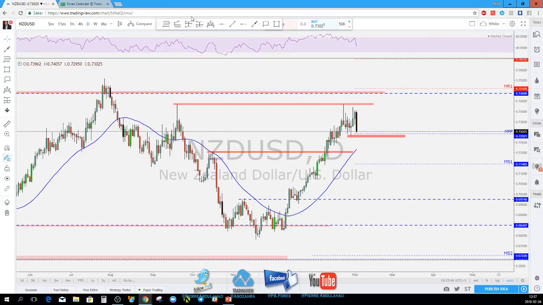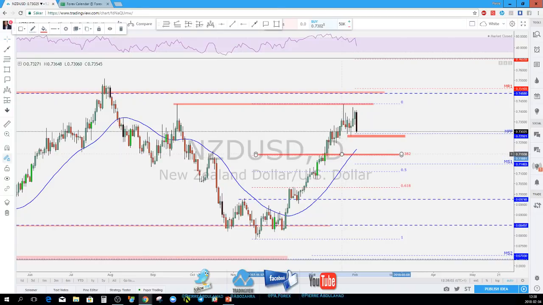As for Fibonacci levels, we can actually measure this whole move now, since we do have our last high here, and start looking at the possible Fibonacci levels.